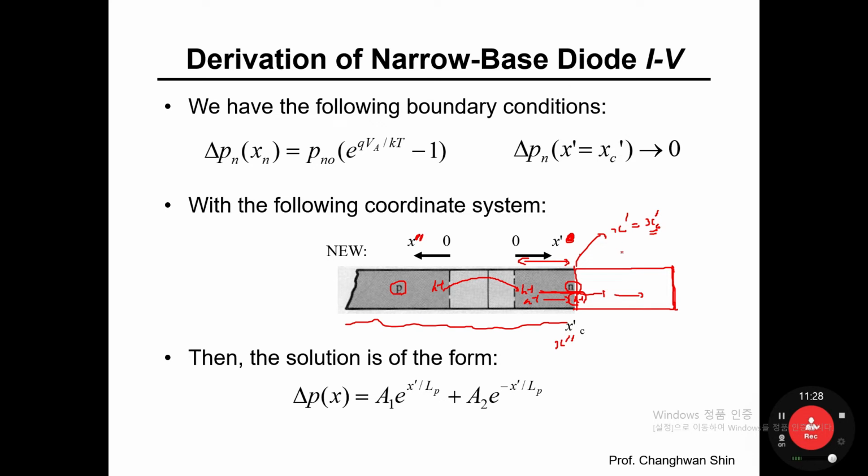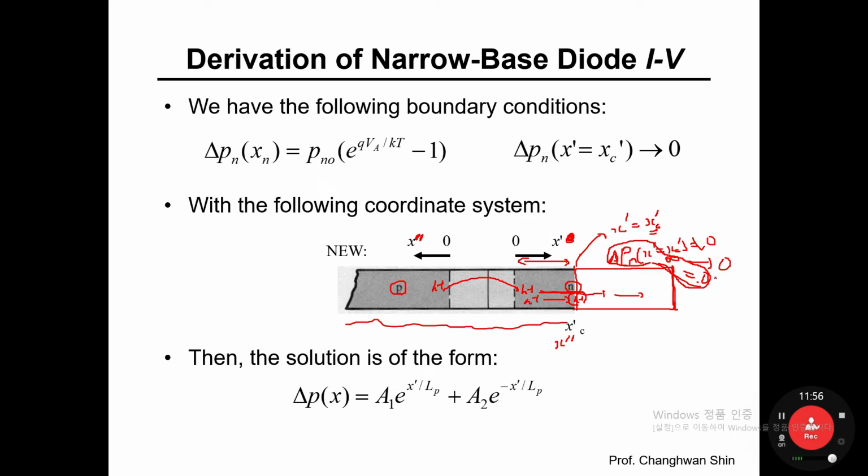Here the excess hole concentration in the n side at x prime of xc prime shouldn't become zero. Previously it was asymptotically approaching zero, so we used delta p sub n at x prime of infinity is zero. That boundary condition was used in the ideal diode analysis.